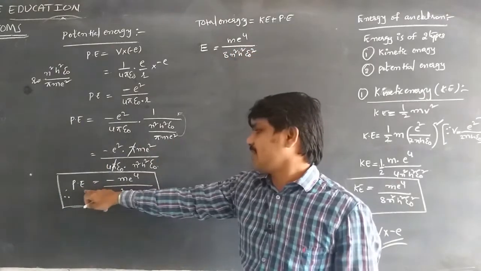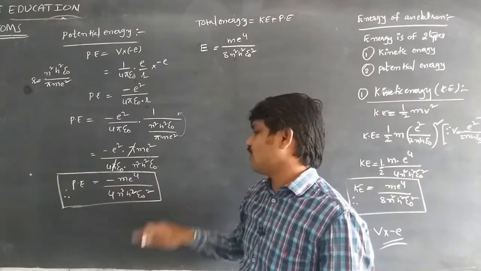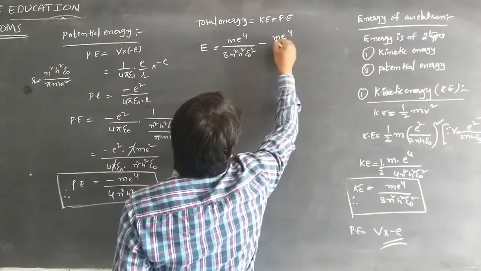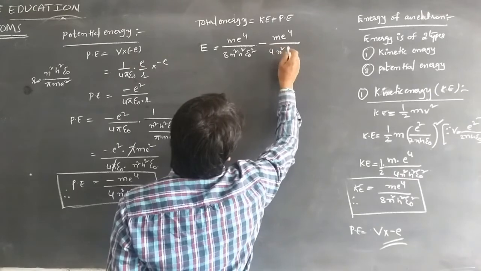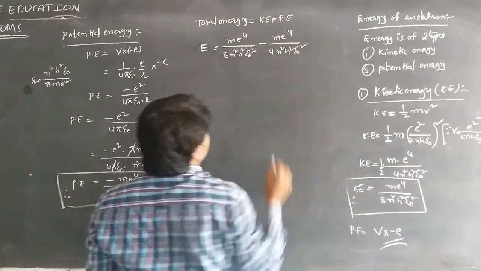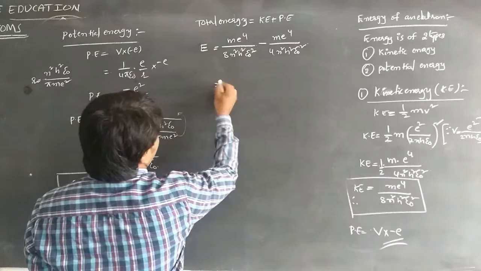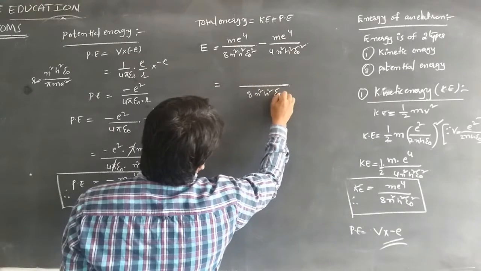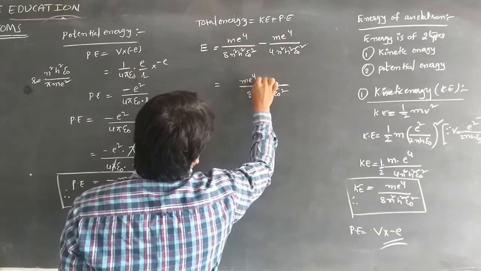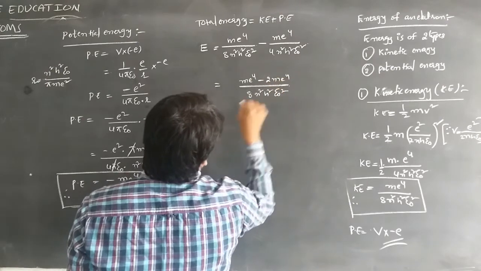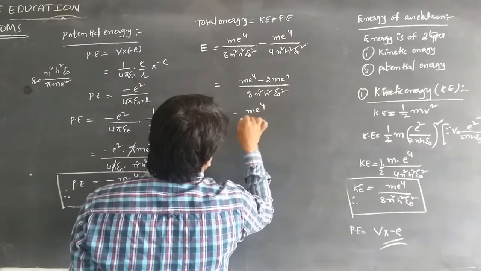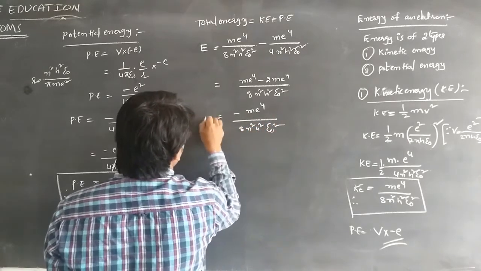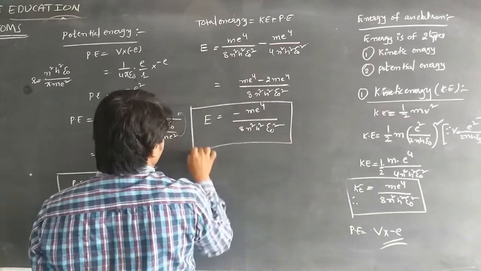Then potential energy is minus m e power 4 by 4 n square h square epsilon naught square. By taking the LCM we get 8 n square h square epsilon naught square in the denominator, and the numerator is m e power 4 minus 2 m e power 4. So minus m e power 4 by 8 n square h square epsilon naught square will be the equation for energy.